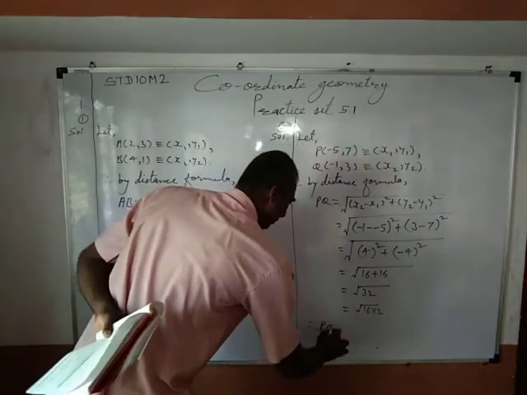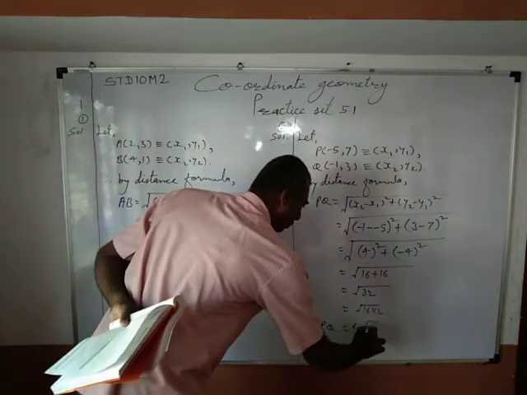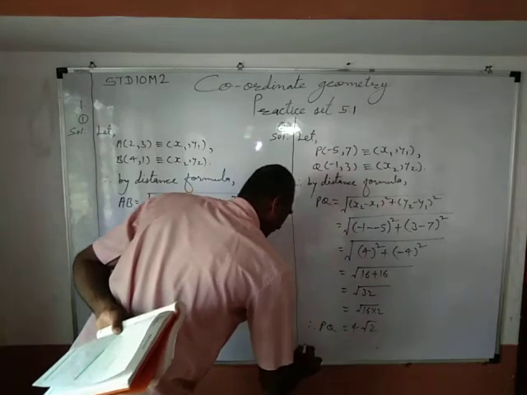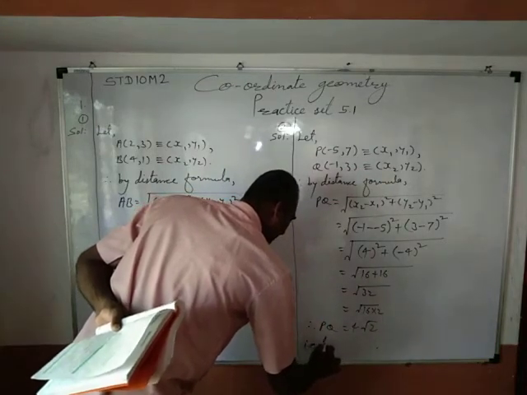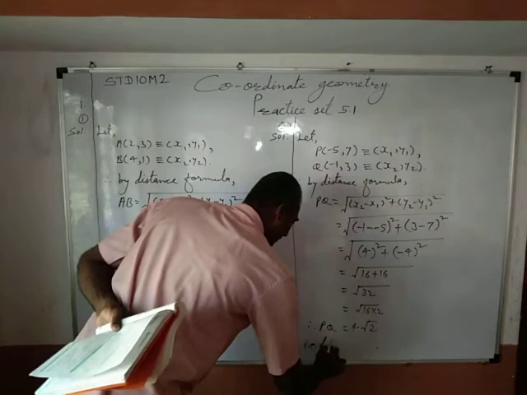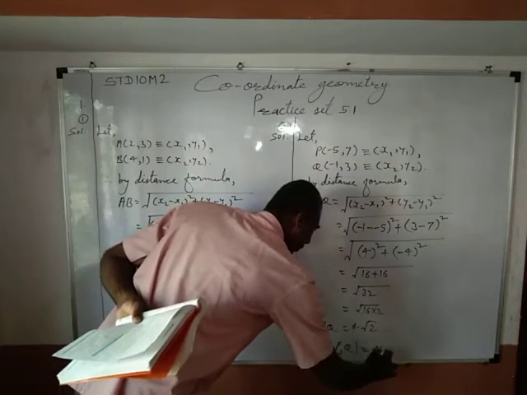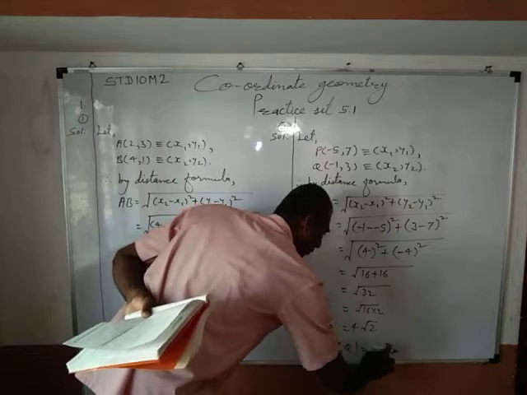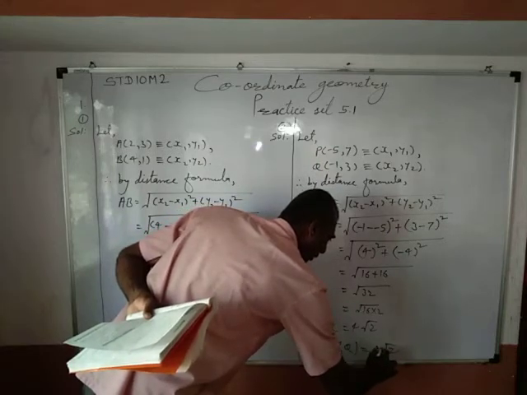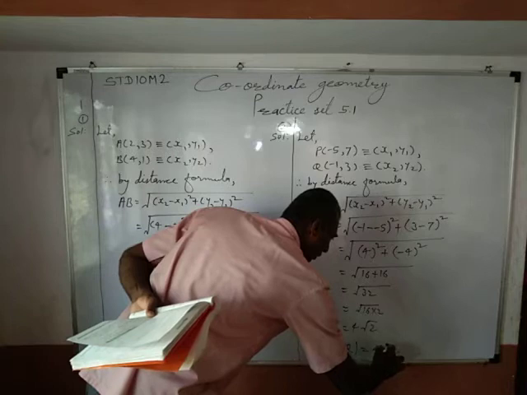Therefore PQ equals 4 root 2, that is, distance between P and Q is 4 root 2.